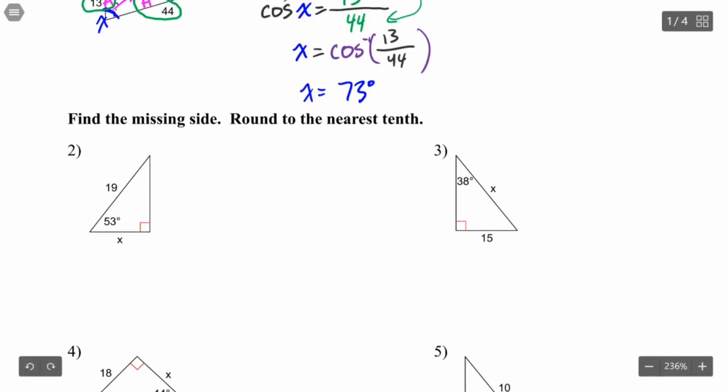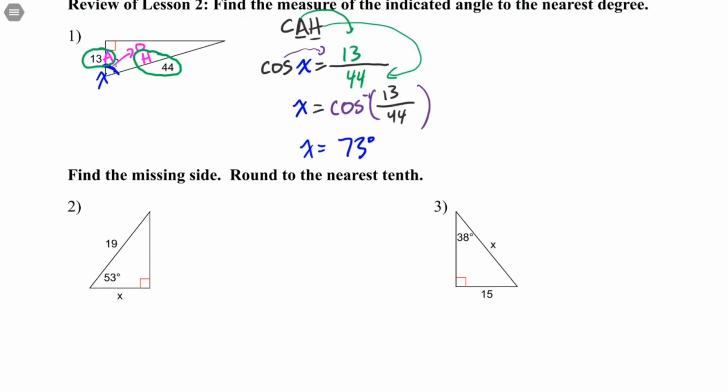All right, so we're going to do basically the same thing for these triangles, except instead of not knowing an angle, in this case, we don't know a side. The steps for the first three are basically the same thing. In this case, we know an angle, so that's the angle that we care about. That's the angle we're going to use.